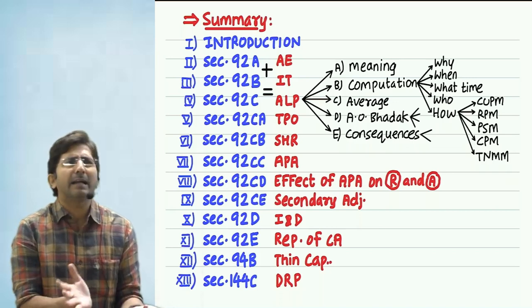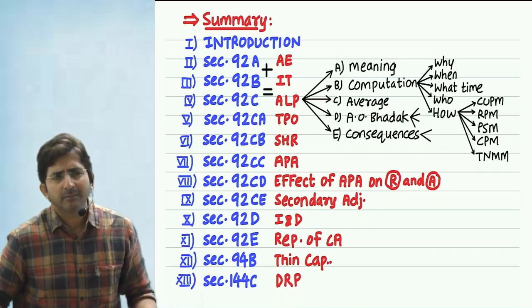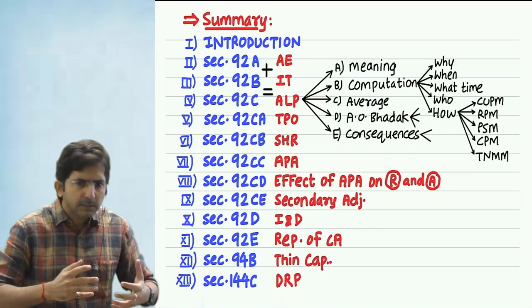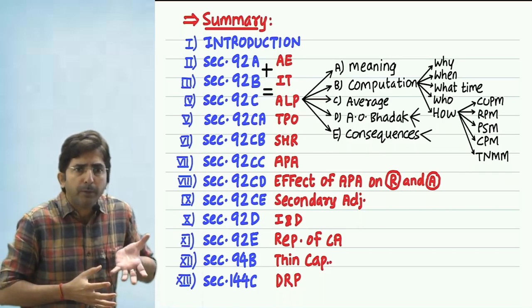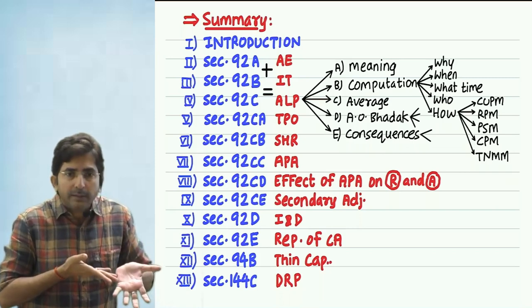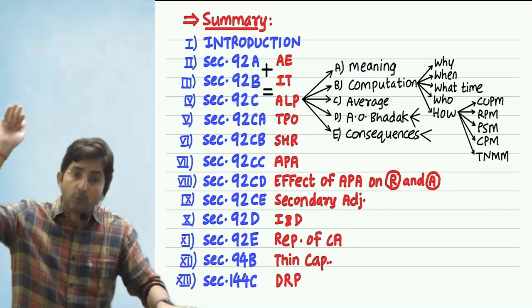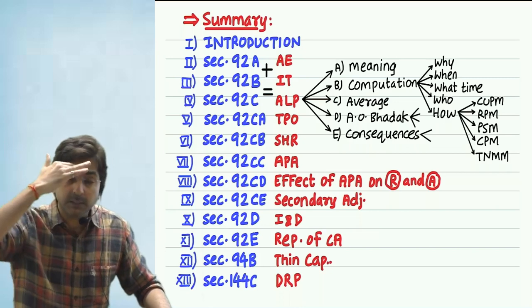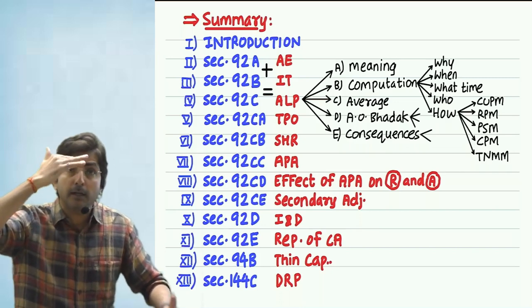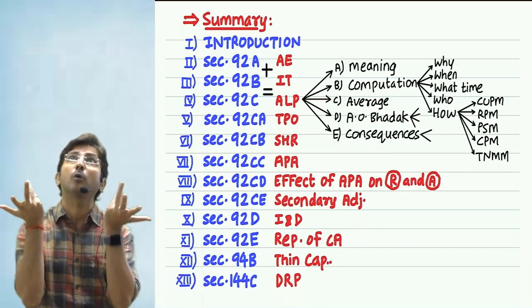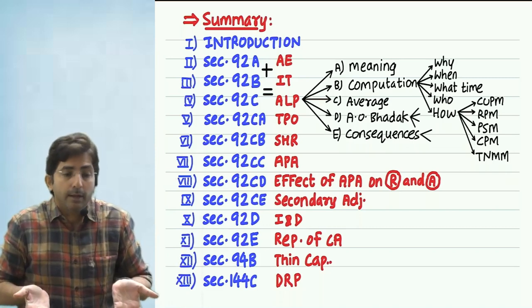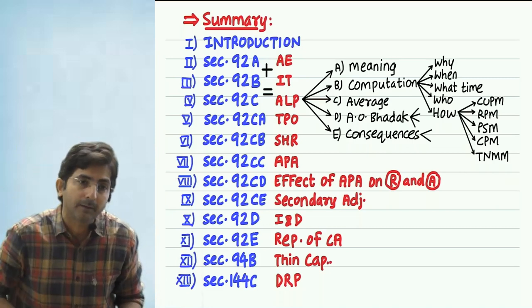What is there to like or not like in ALP? Imagine if AO computes a bigger ALP. You know what to do with that ALP? That ALP is compared with the actual price and the difference is added to the income. So the first dangerous thing is that AO will compute ALP and God knows what ALP he will compute. And obviously you would not like his ALP.